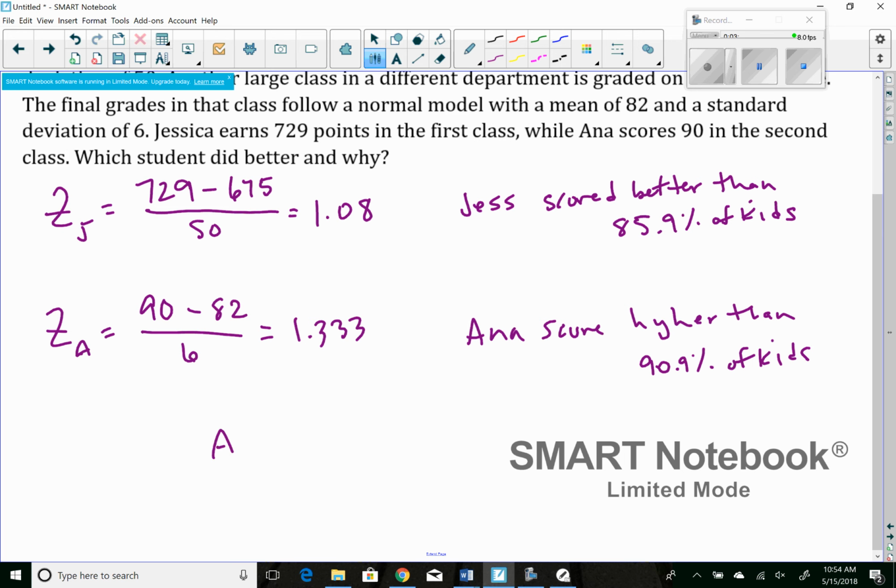Therefore, Anna has a better score when compared to her classmates, right? And the reason why is because Anna's z-score is higher, right? We'd want to say that in the problem as well.